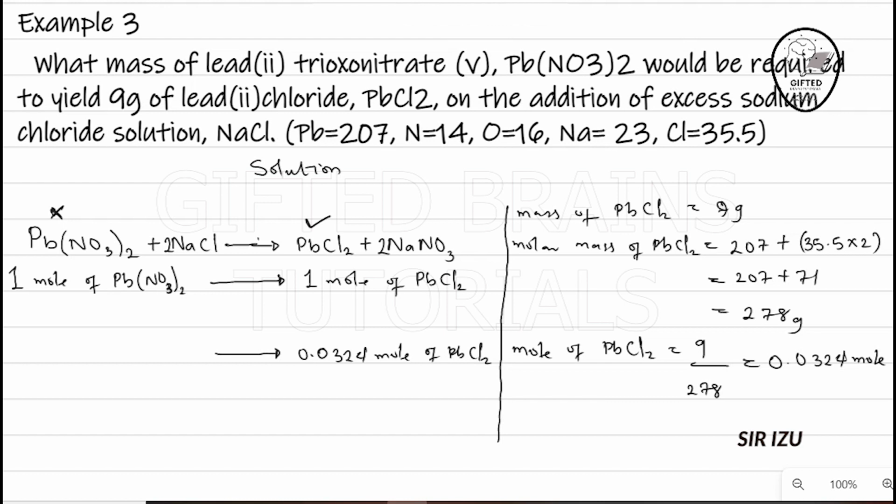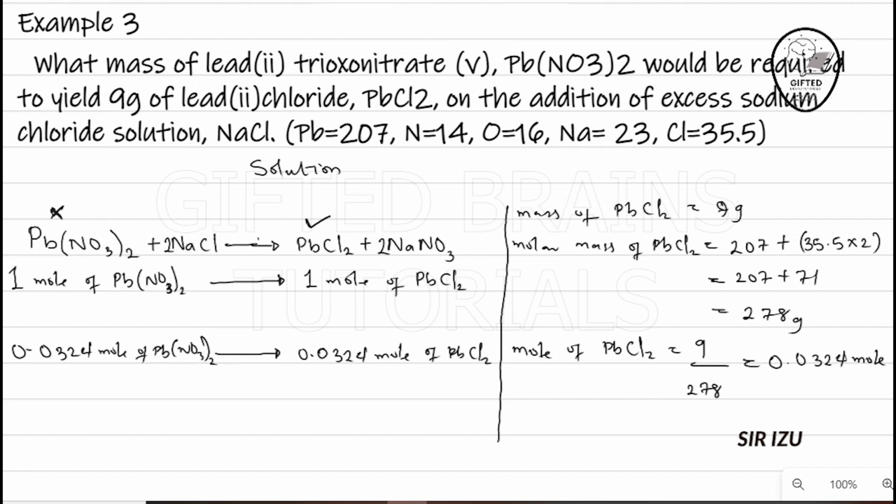Obviously, you see 1 mole of this gave 1 mole of this. So obviously 0.0324 mole of lead(II) chloride is what is yielded. Then it therefore means that it is 0.0324 mole of Pb(NO3)2 that must have been used to yield that same thing. Since 1 mole gives 1 mole, this will give this.